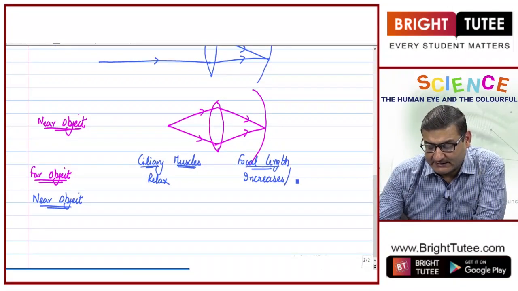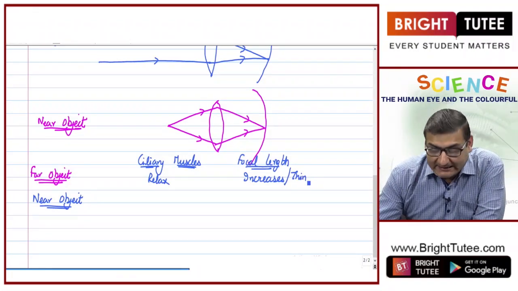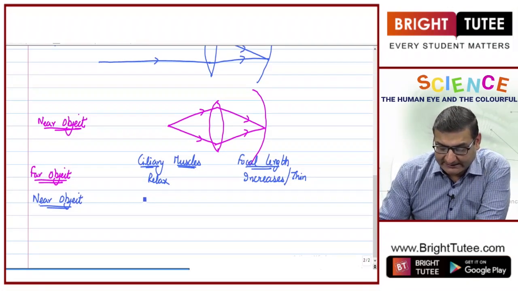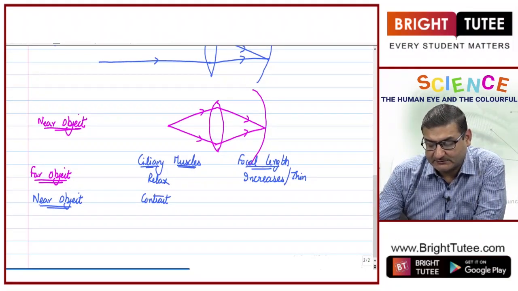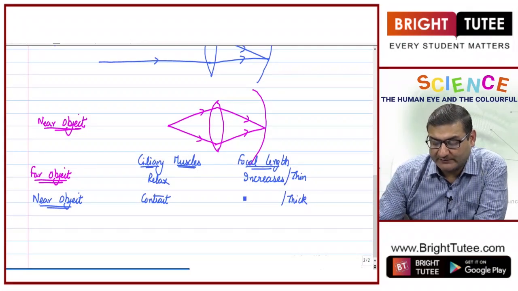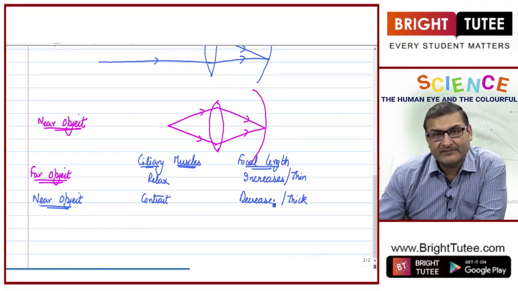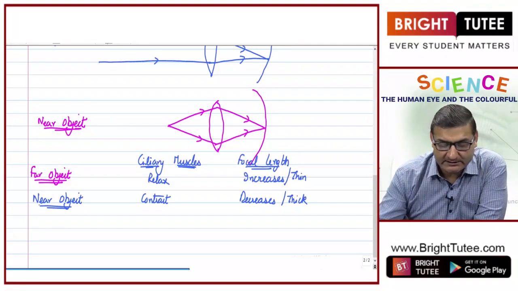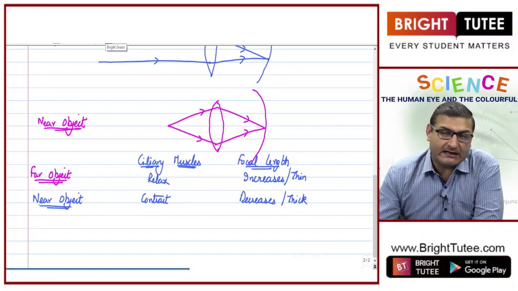Our eye lens becomes thin and the focal length increases. But when we are looking at a near object, our ciliary muscles contract. This contraction makes our eye lens thick, due to which its focal length decreases, and it is able to form the image on the retina.